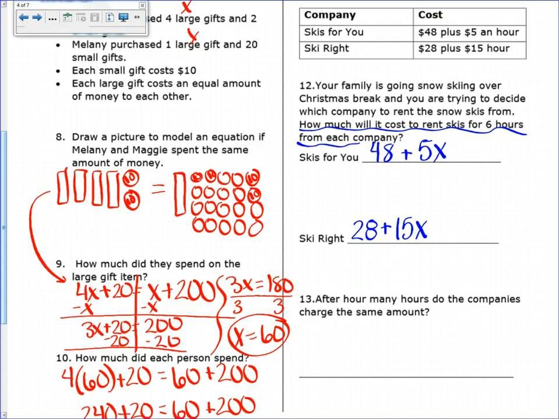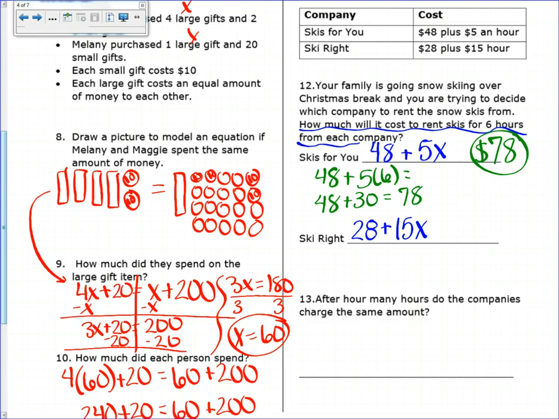We want to know how much will it cost to rent skis for 6 hours. So to find that out, I am going to replace x with 6. So 48 plus 5 times 6 is 30, equals 78. So Skis For You is $78. Ski Right is going to be 28 plus 15 times 6.